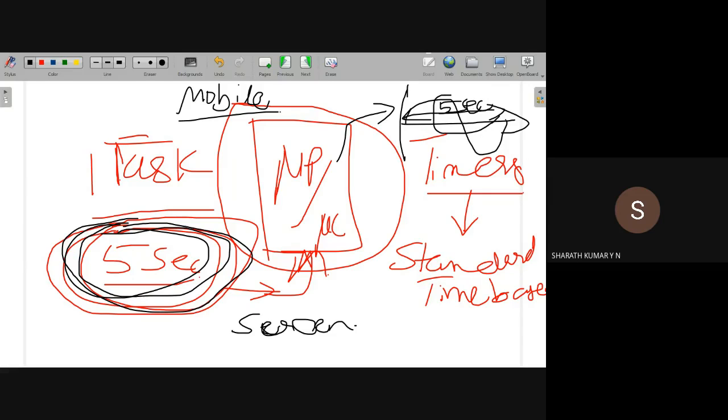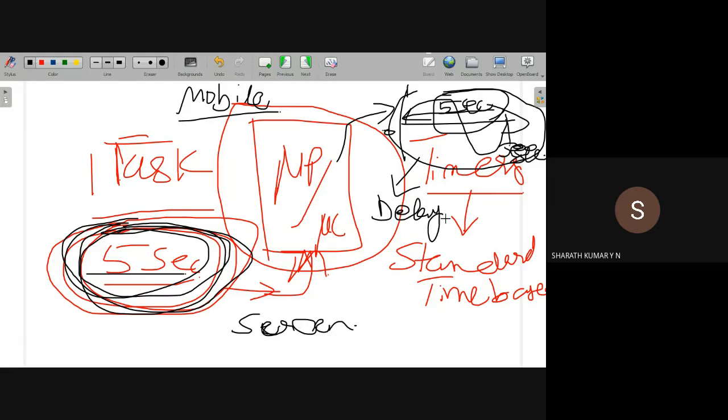This time, which is used to monitor the task or an activity, is basically a delay, because it starts at 0 seconds and has to wait till 5 seconds while the activity is continuously monitored. That's why this time-based signal is also called a delay signal. Delay means waiting period.